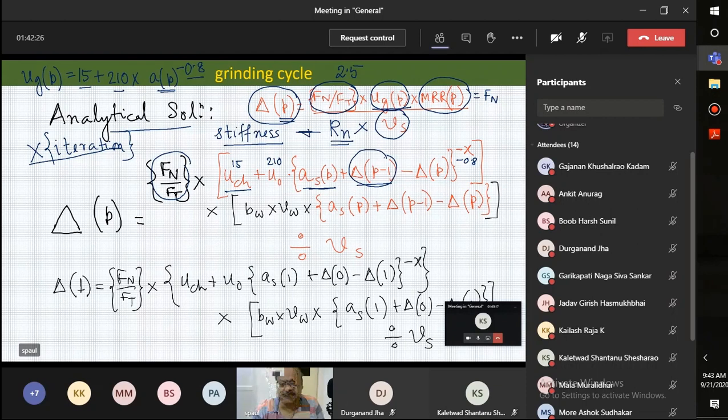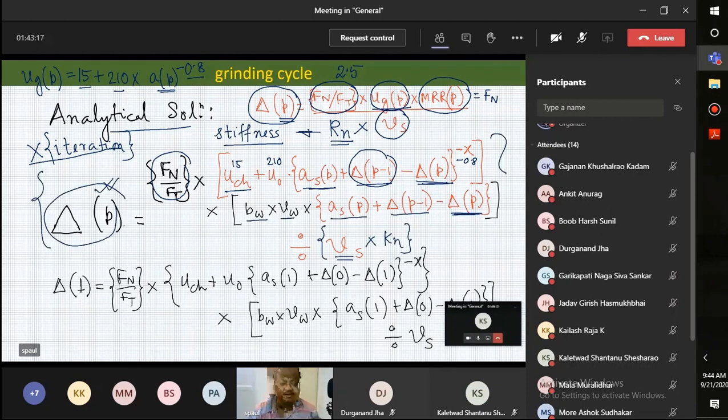This kind of equation, if you can solve it directly in your MATLAB or in your calculator, you get the solution immediately. This is the expression for the first pass, this one UG. For the first pass, this will become 0.